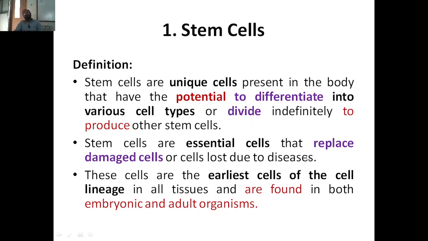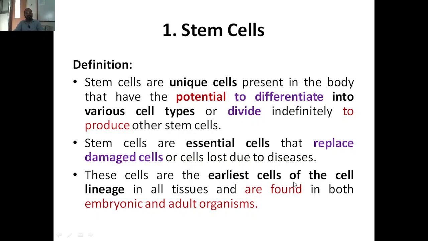So stem cells are essential cells that replace damaged cells or cells lost due to diseases. Maybe when a person gets a disease, certain cells will be lost, or there are damaged cells. Okay, so these damaged cells have to be corrected, right? So the stem cells will undergo differentiation to give healthy cells so that they can replace the damaged cells.